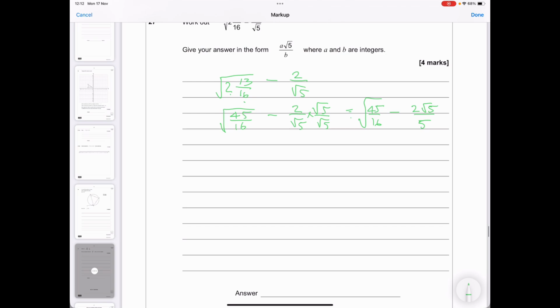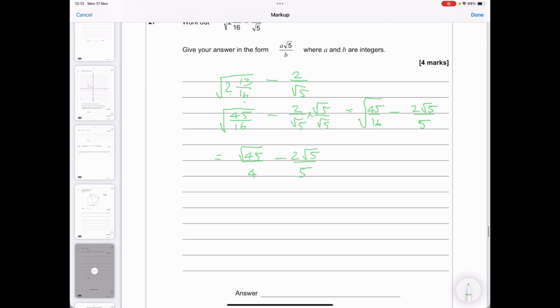Now I'm going to change out the root. So I'm going to make it root 45 over 4, because the root of 16 is 4, minus 2 root 5 over 5.